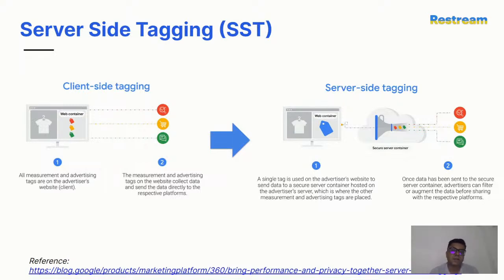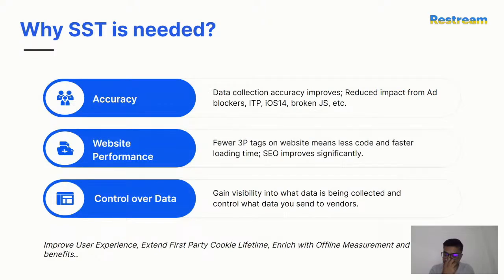In server-side tagging, you use just a single tag on the website, and it sends data to your secure server container hosted on the advertiser's server, which is where the other measurement and advertising tags are placed. Once it's collected on your server, you have total control.